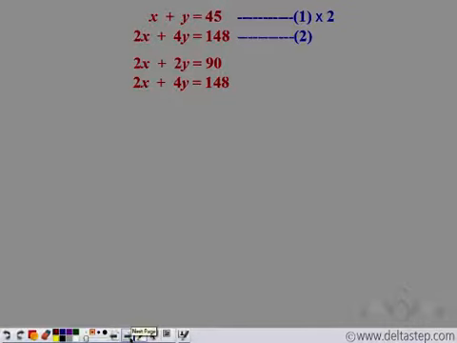Now, this is positive, this is positive, so we need to subtract these two. So let us subtract these two.